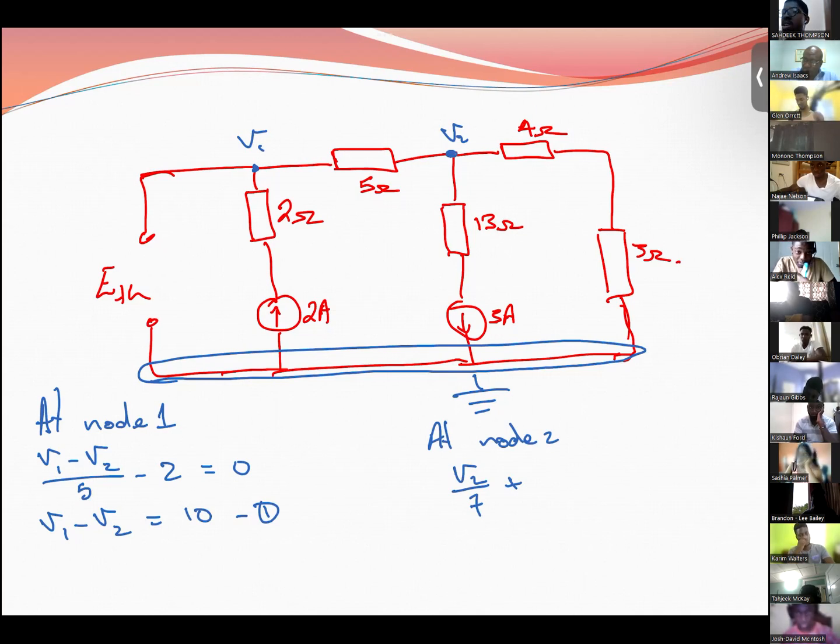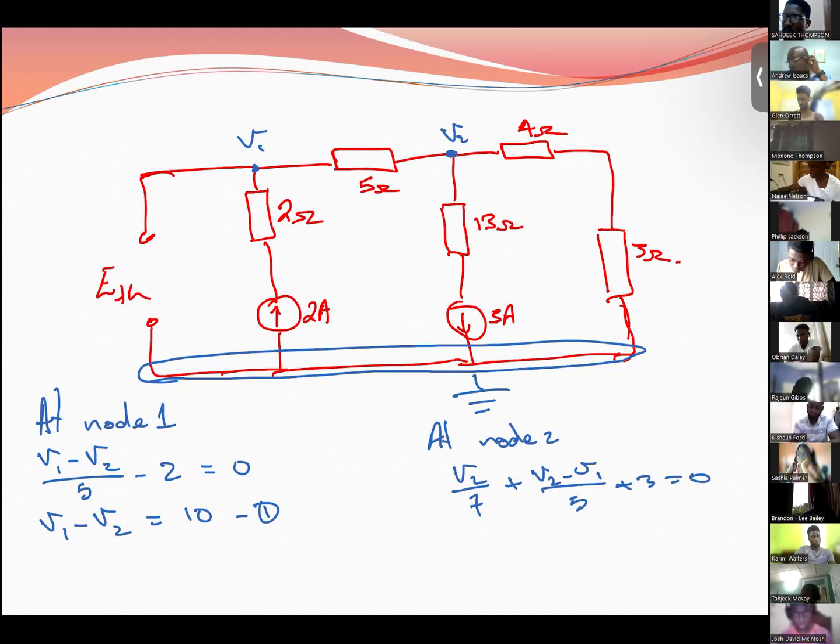Oh, 3. V2 minus V1 over 5 plus 3 amp. All right, so that quick check in terms of the number of branches connected will help you to avoid errors. The same way you were leaving out one branch, just look quickly. You see 3 branches, it means that your equation must have 3 components. Fair enough?